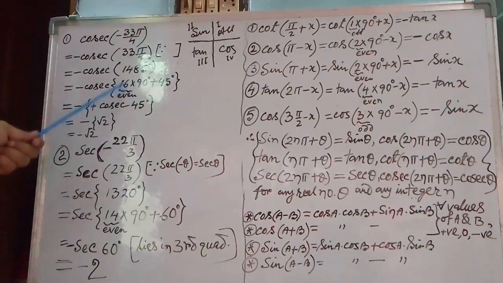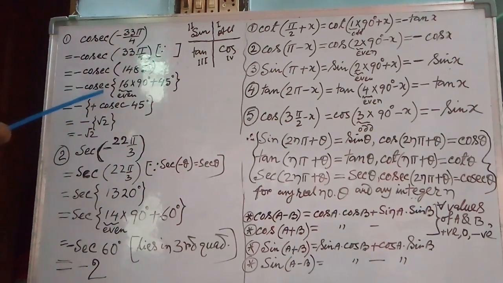But if the multiple is odd, then sine will be cos, tan will be cot. In this way we will do some other questions.